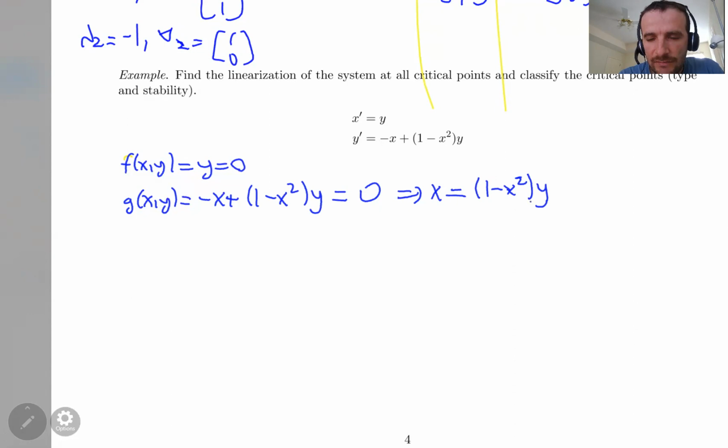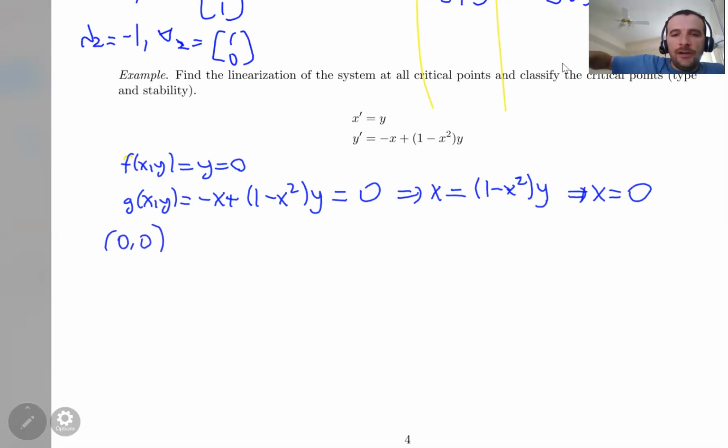If you plug in y is equal to 0 here, it will cancel out everything, so we will get x is equal to 0, right? That's the only possibility to make both f and g equal to 0. To make f equal to 0, y should be 0 for sure. If y is 0, if I plug in y equals 0 in the g, I also have to make g equal to 0. To do so, I have to make x equal to 0. So we have only one critical point, 0, 0.